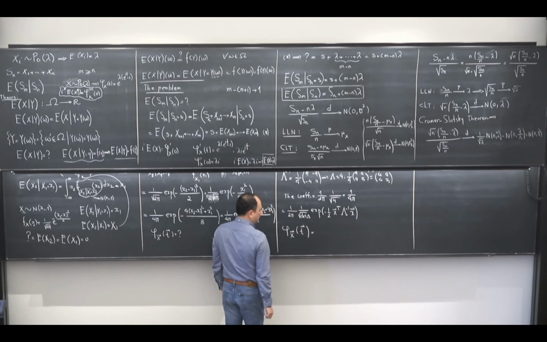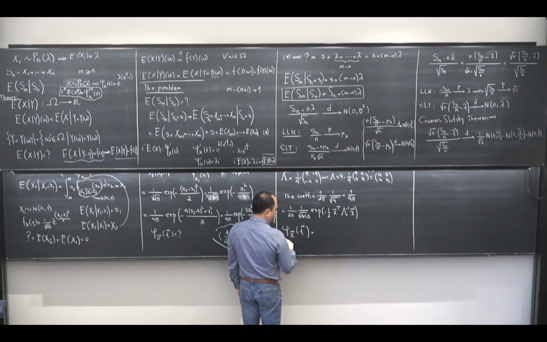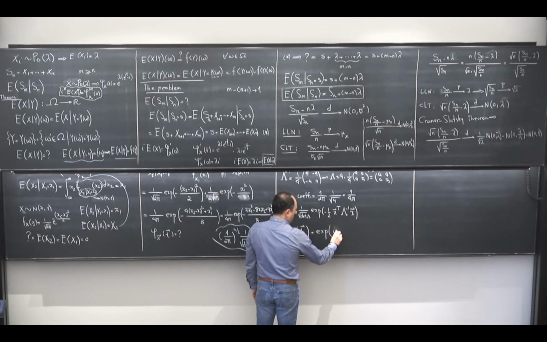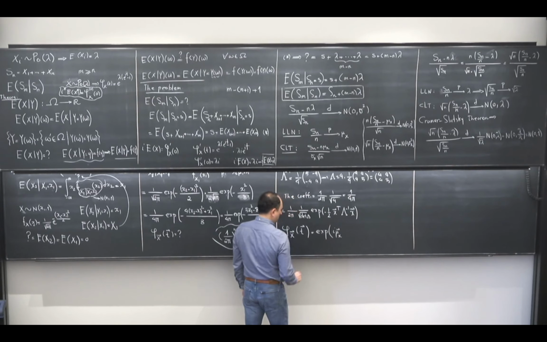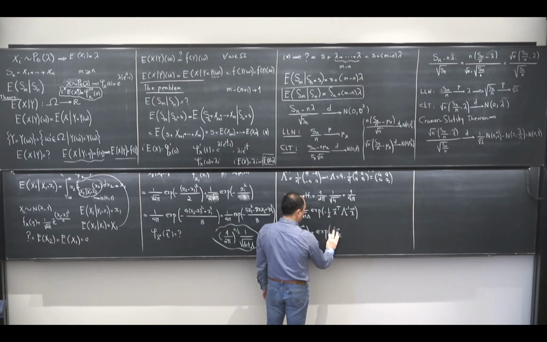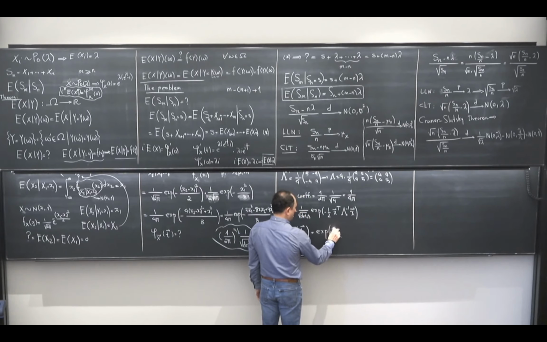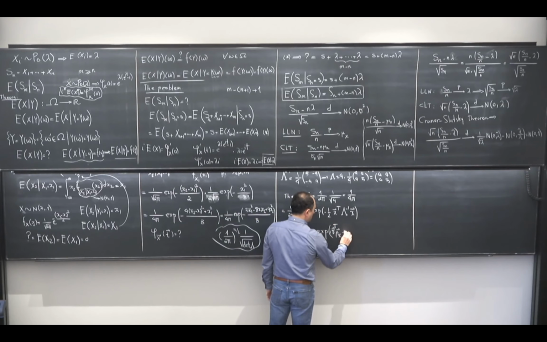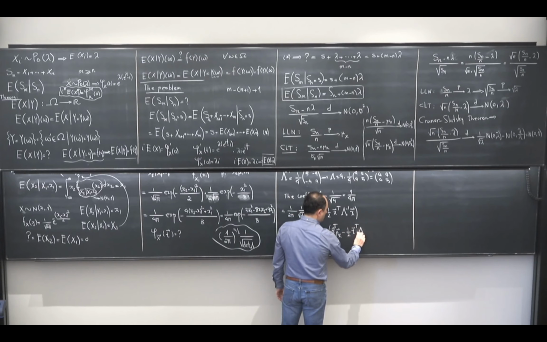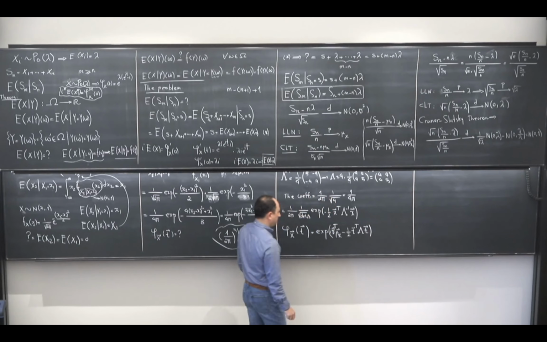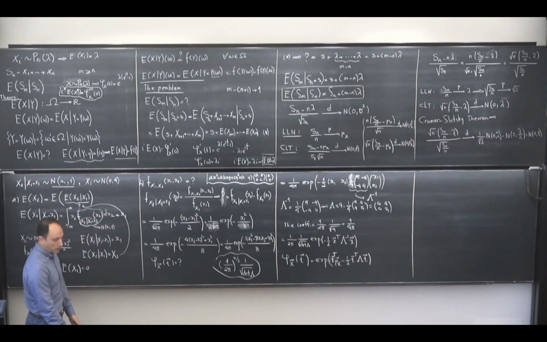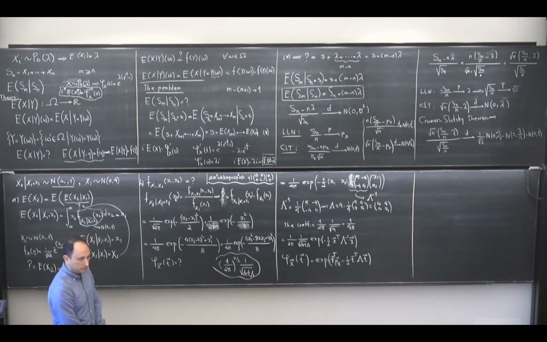For a normal vector, if I want to find a characteristic function, it is exponential of i times the vector mu x, this is the mean, multiplied by T transpose, and then minus 1 over 2 T transpose lambda T. So this is the formula that you need to know for this problem, and it is not in the formula sheet.